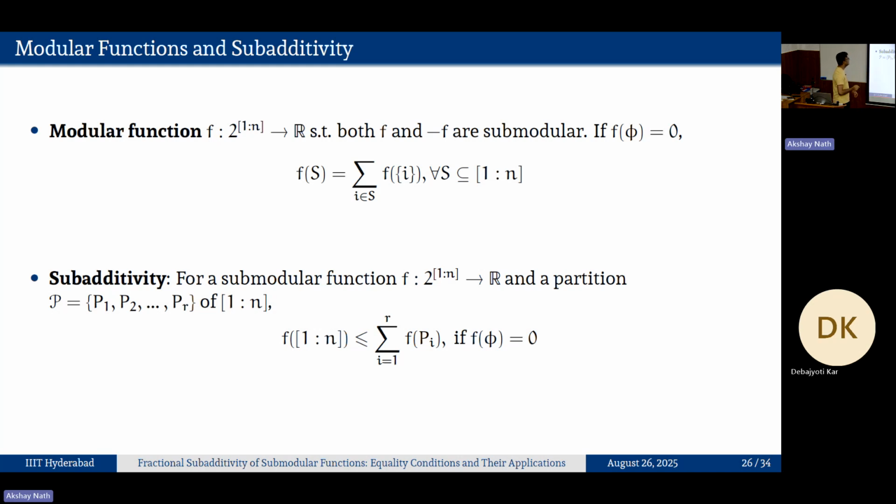The submodular functions we define are over subsets. Now, if we take the valuation of the empty set to be 0, then if f is modular, f of S can be broken into a sum of these individual terms. There's some linearity over here.